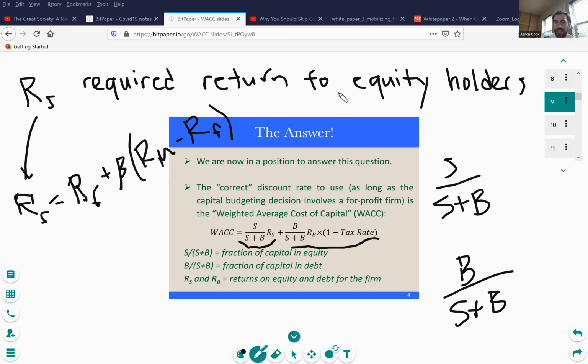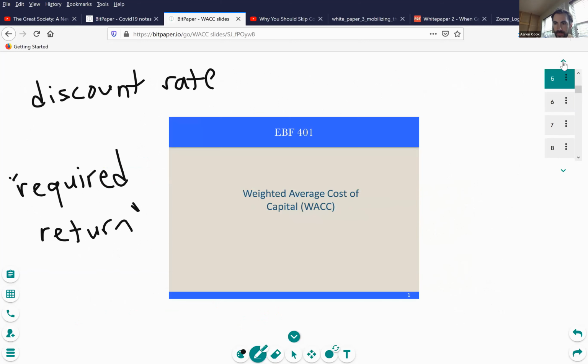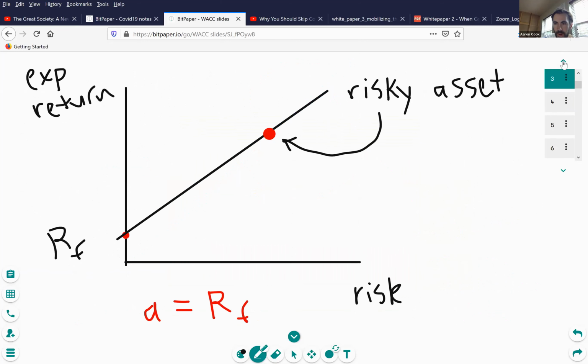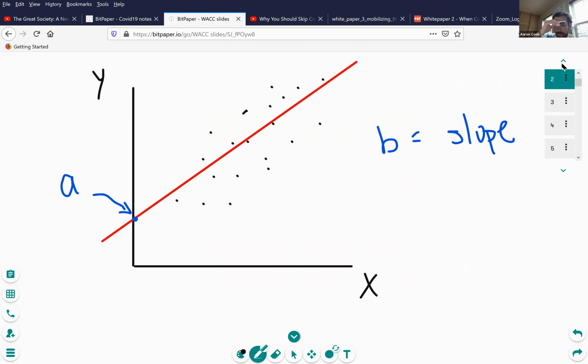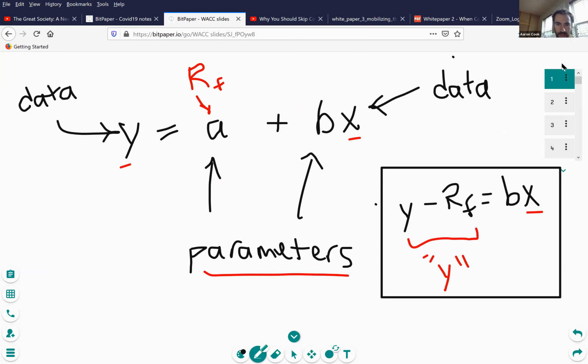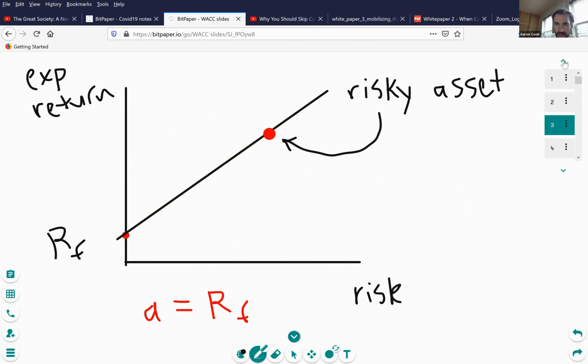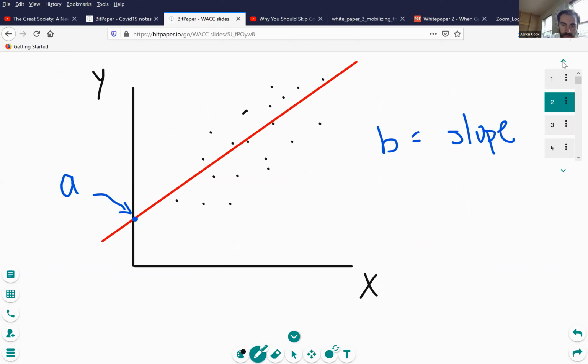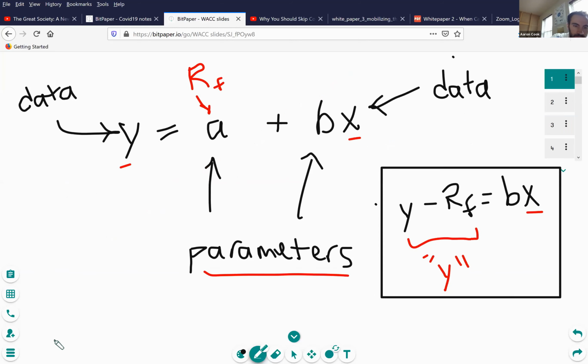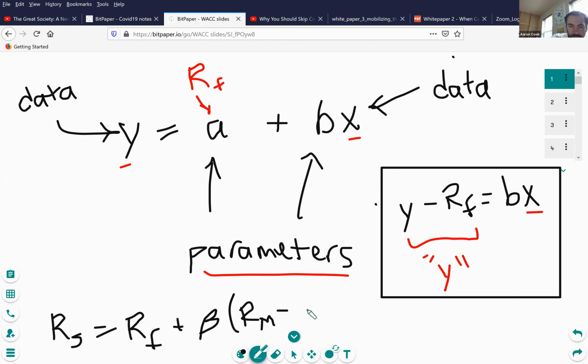Yeah, so based on the equation that we were working with, we have the capital asset pricing model. Let me just write that. RS, which is the return on the stock, equals the risk-free rate plus beta times the market minus the risk-free rate.